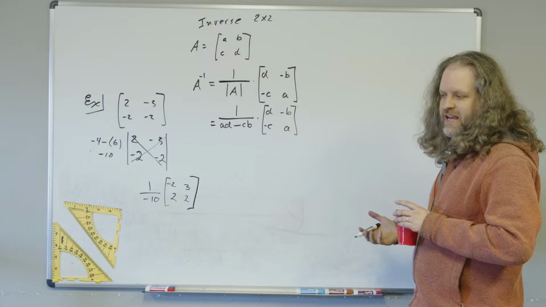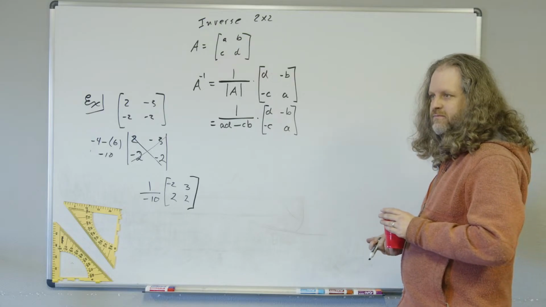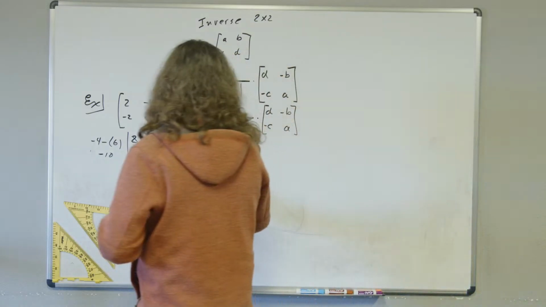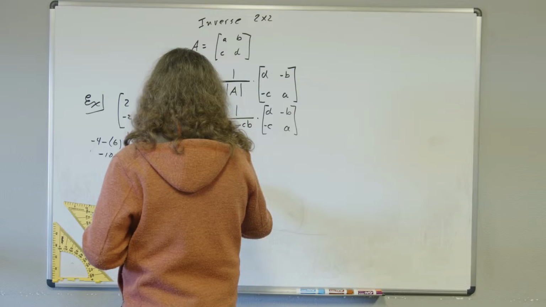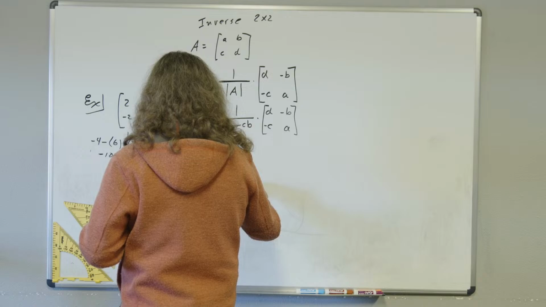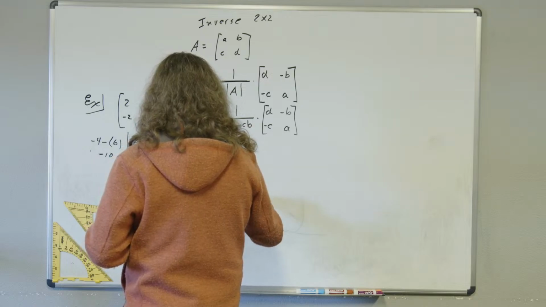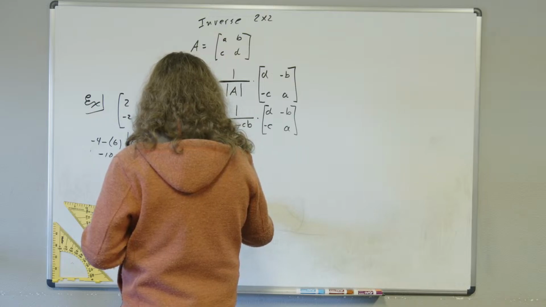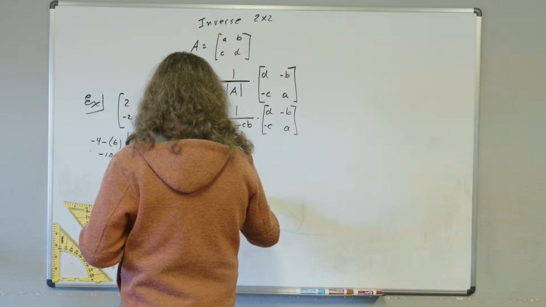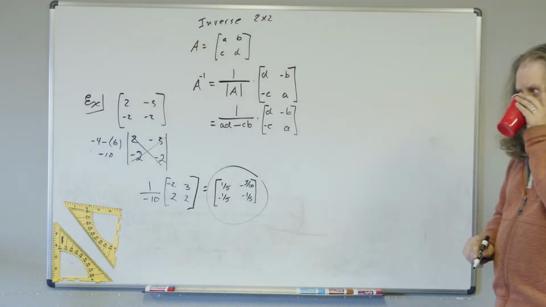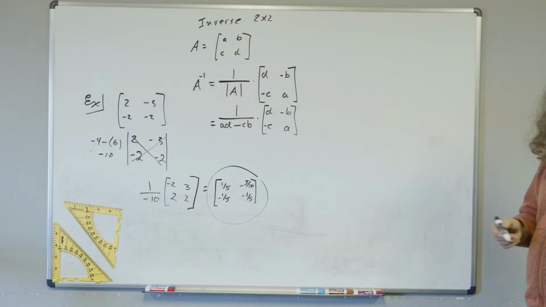When we're multiplying by a scalar, it's kind of distribute. You just multiply all the things. So this would equal positive 1/5, negative 3/10, negative 1/5, negative 1/5. Is that the inverse? That is the inverse, and you could prove it by multiplying them together and getting the identity.